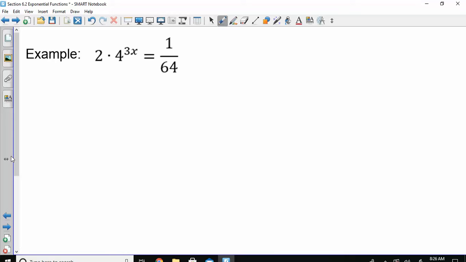No. You can only multiply those if the base is the same. So once again, I really have 3 things. A 2, a 4, and a 1/64. What could I do? Okay. 2, I don't have to change. That's just a 2 to the first. 4, I would change to 2 squared.